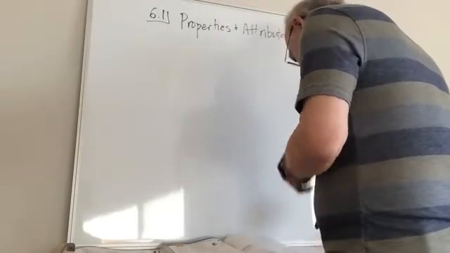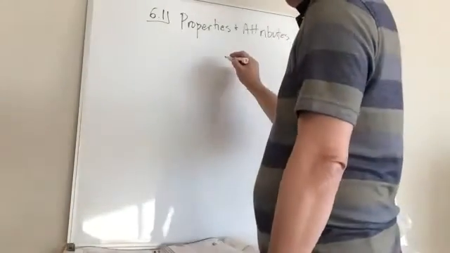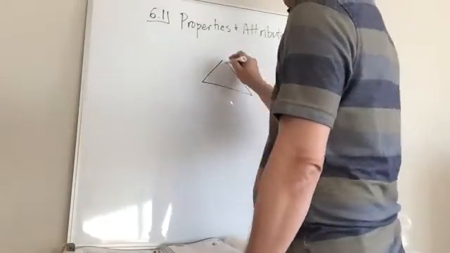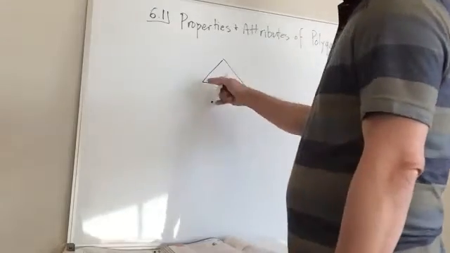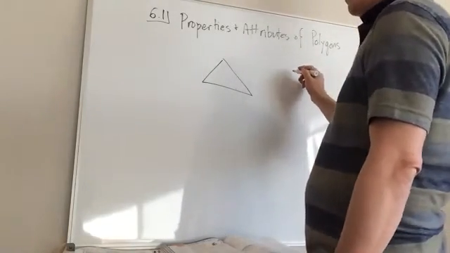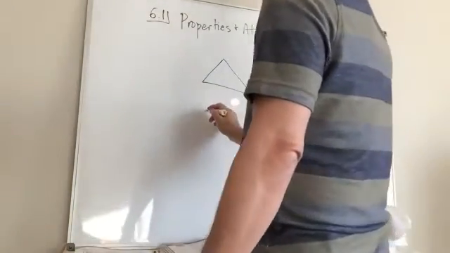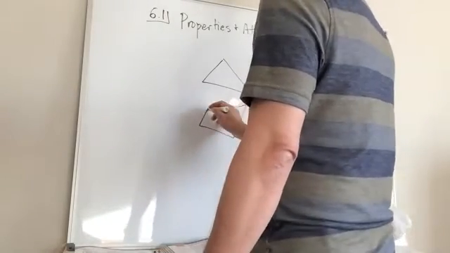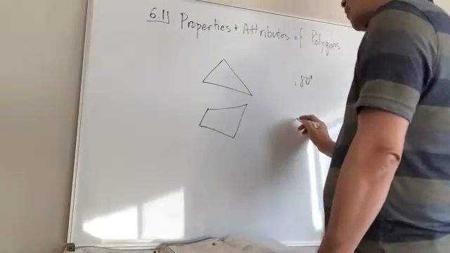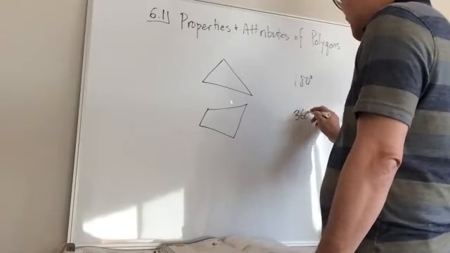All right, so now let's talk about finding some of the angles in a polygon. If I had a triangle, what is the sum of the 3 angles? 180. If I had a quadrilateral, they add to 360.